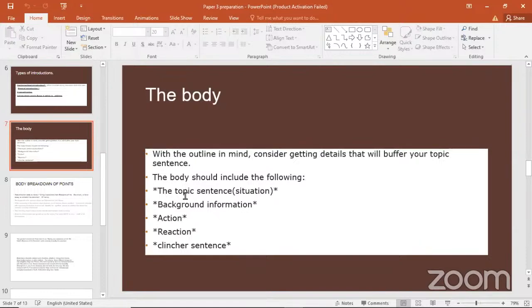The body should contain the topic sentence, background information, the action, the reaction, and the clincher sentence. All these parts make up the paragraph for you to score 3 points. Remember, we are scoring 3 points, and you need to work. You need to write enough information to score those 3 points.